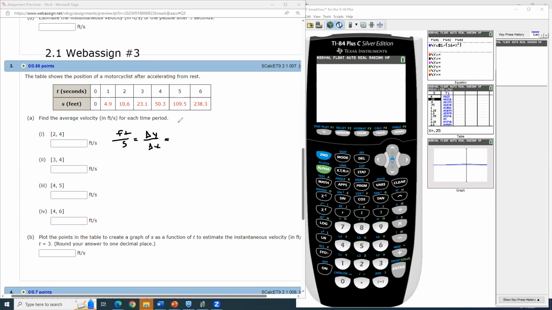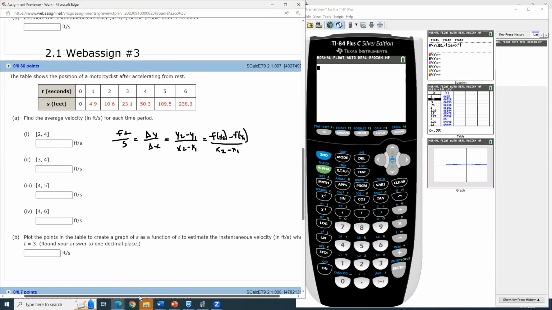It's like a slope, in all the fancy words. So you can say y2 minus y1 divided by x2 minus x1. You also could write it as f of x2 minus f of x1 divided by x2 minus x1, right? These are all just different ways of representing things, depending on what they're giving you.